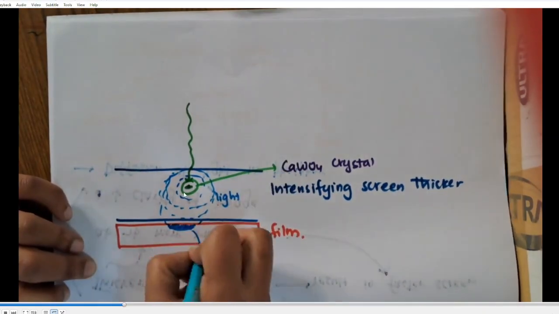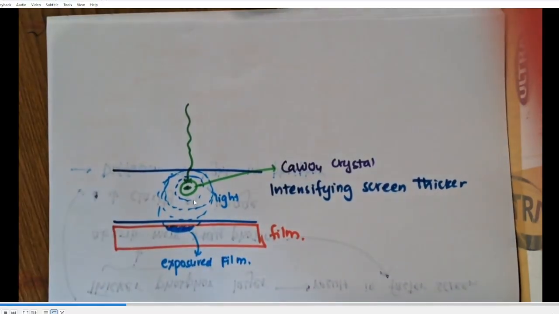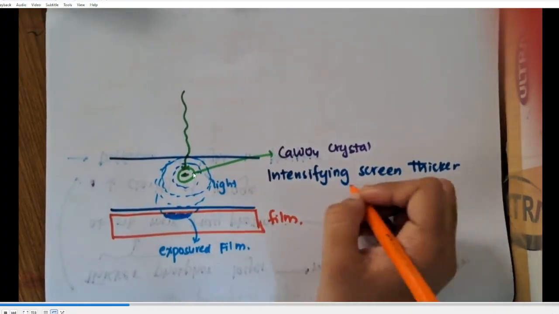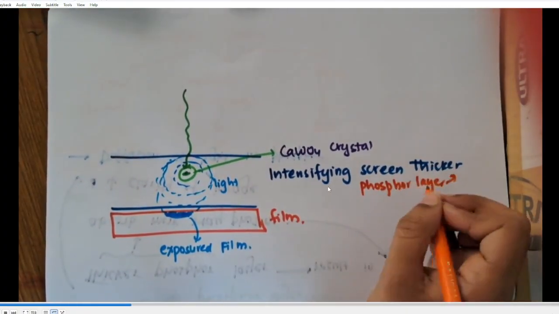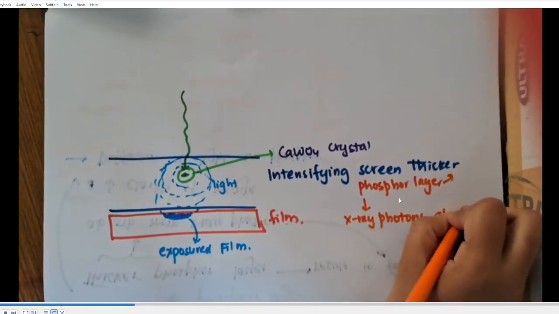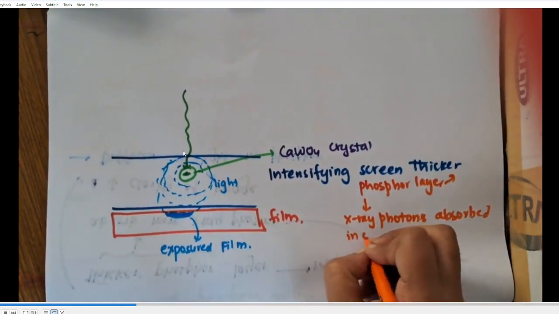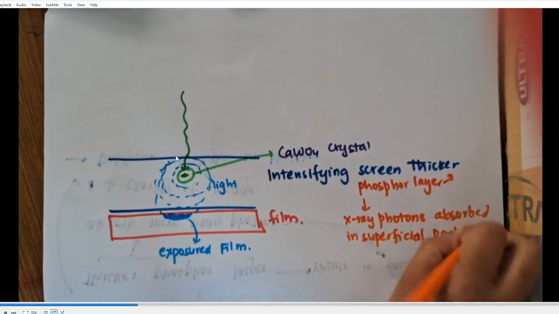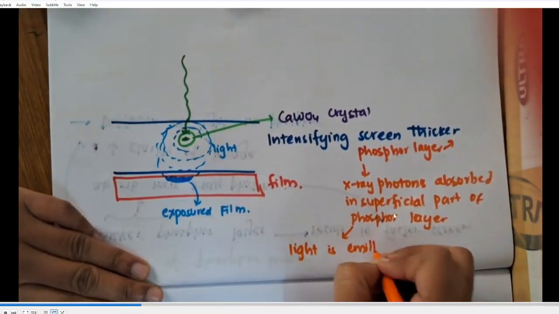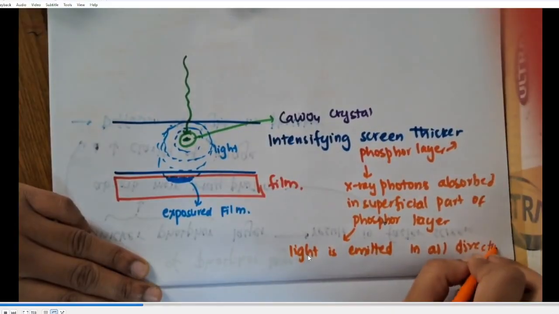Because of the diffusion, the area of the exposed film is larger when compared to the size of the calcium tungstate crystal. This intensifying screen has a thicker phosphor layer, which absorbs the X-ray photons in the superficial part of the layer, and the absorbed photons emit light in all directions.